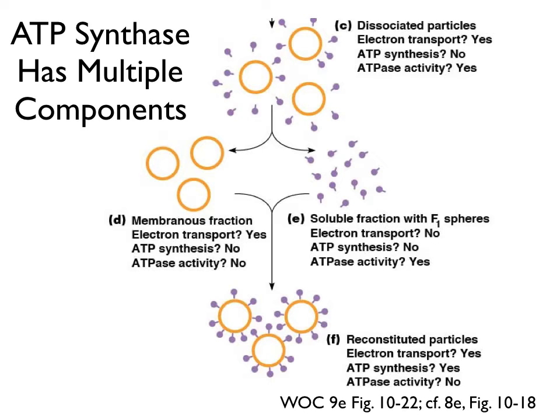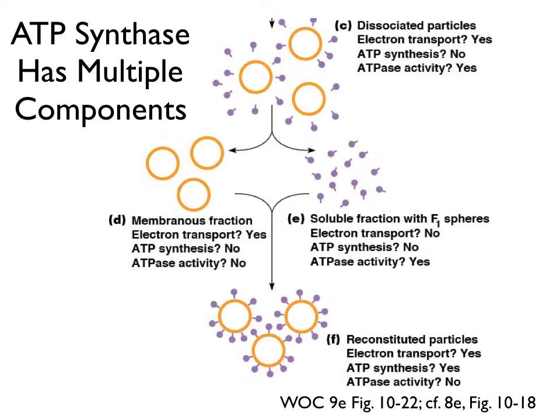Instead, if you give the system ATP, it can catalyze the hydrolysis of ATP to ADP plus inorganic phosphate. And what that indicates is that the lollipops can still do their ATPase activity. They still have enzymatic activity, but because they're no longer in the membrane, it is not coupled to electron transport. Conversely, the membranes can do electron transport, but because it's not coupled through a proton gradient to ATP formation, we don't get ATP synthesis.